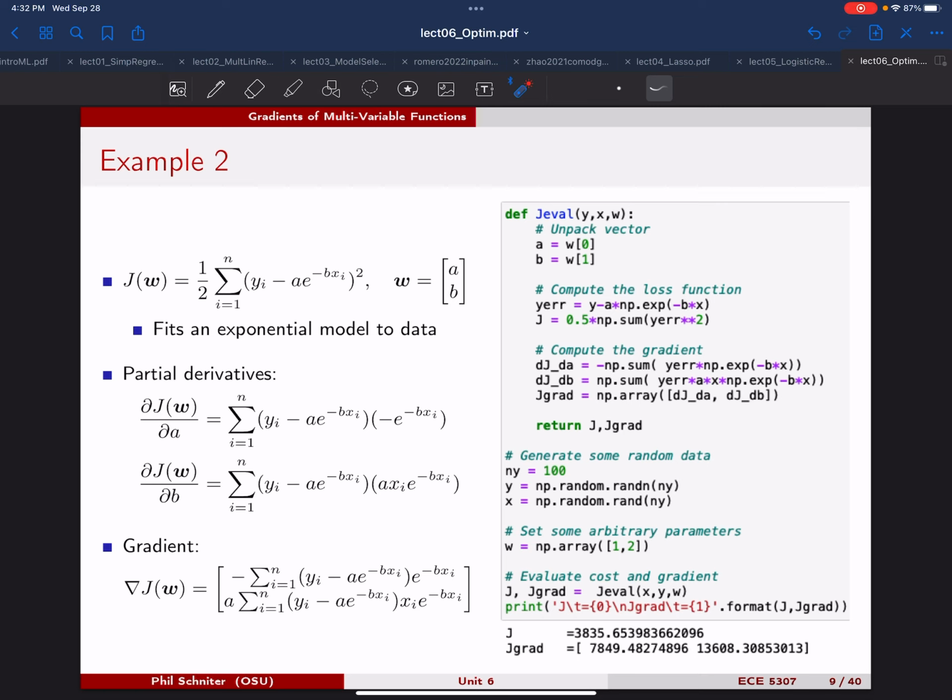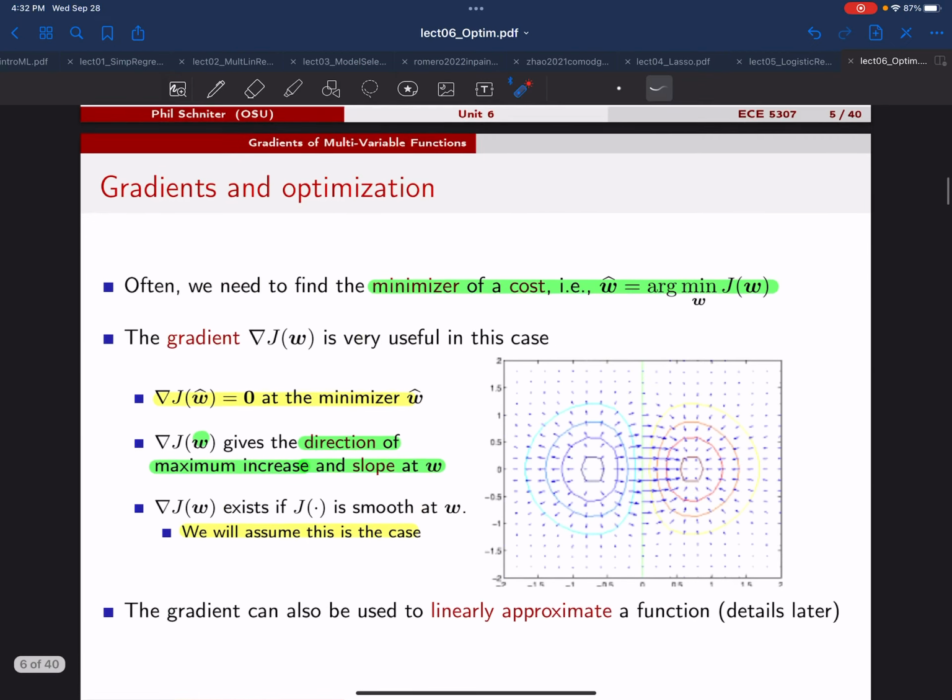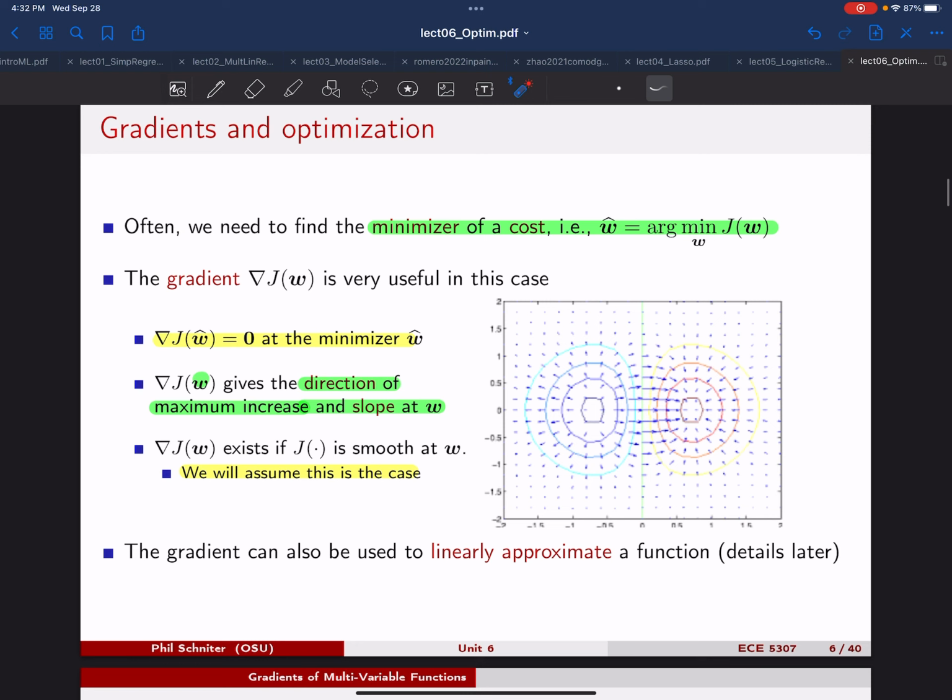Yes. So what is the gradient telling you about your original J? We can visualize it like this. In this case, these would be A and B, two parameters, and the surface here is telling us the cost as a function of A and B. Maybe there's a minimum somewhere.